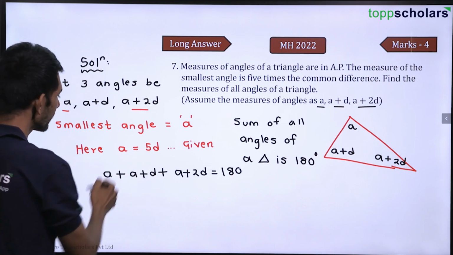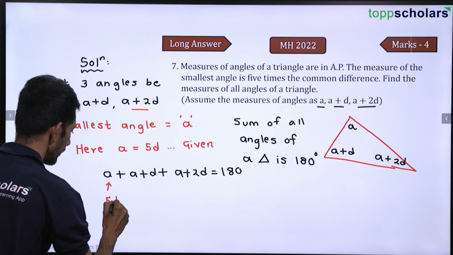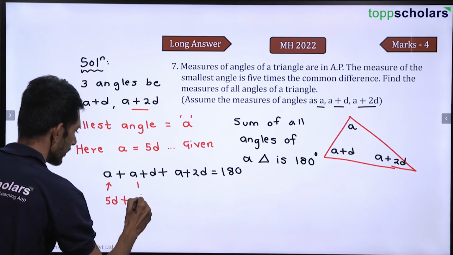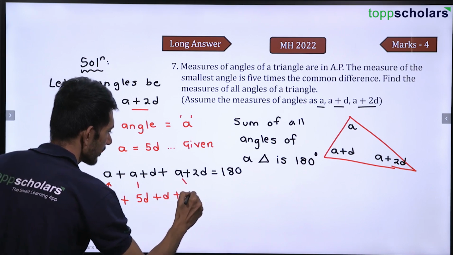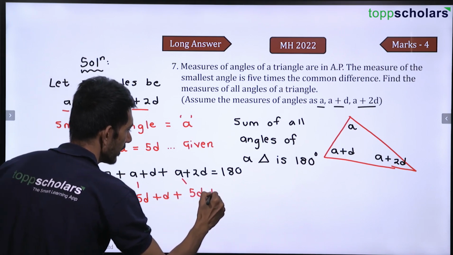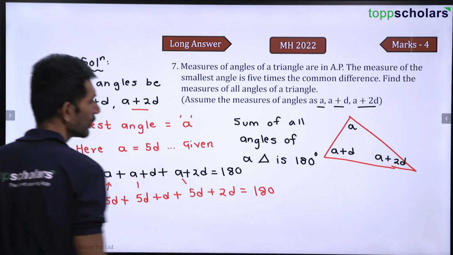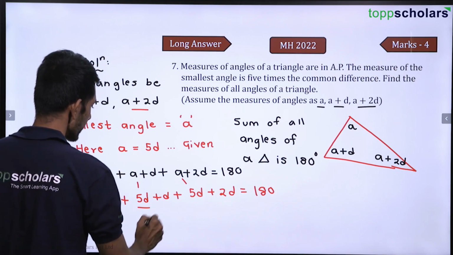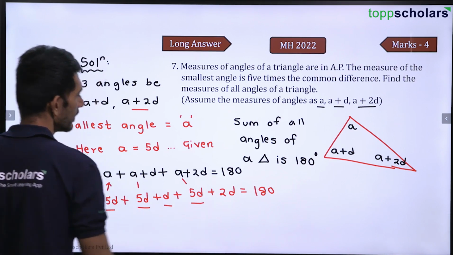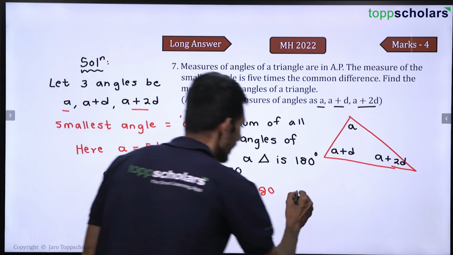Now A itself is 5D. Can I say here 5D plus 5D plus D plus 5D plus 2D is equal to 180, isn't it? Now 5D plus 5D is 10D, 11D, 16D, 18D. So can I say 18D is equal to 180?